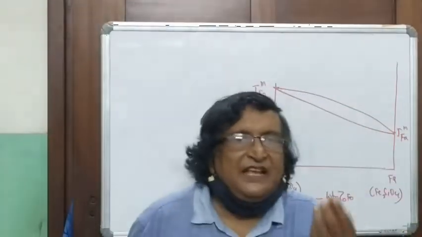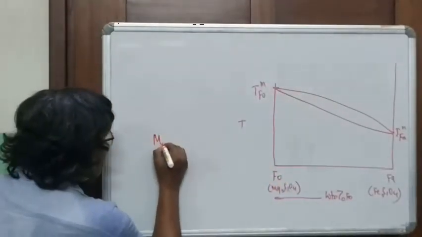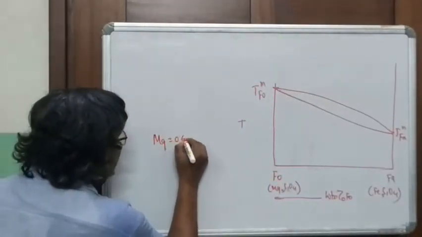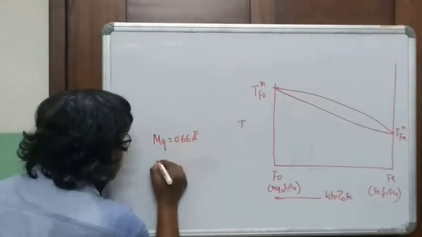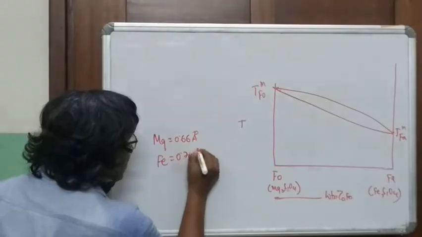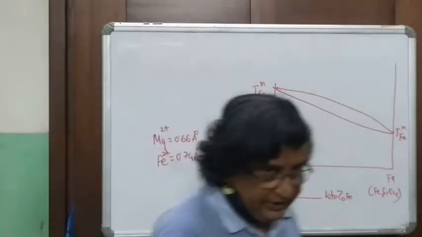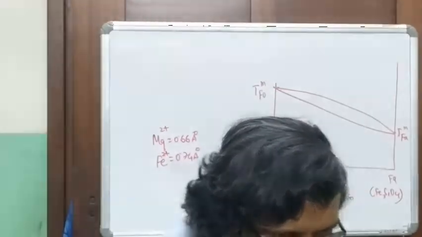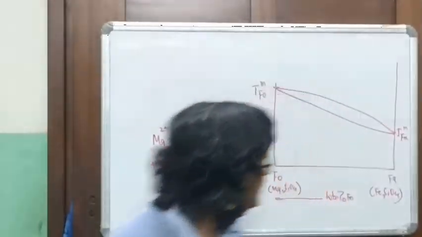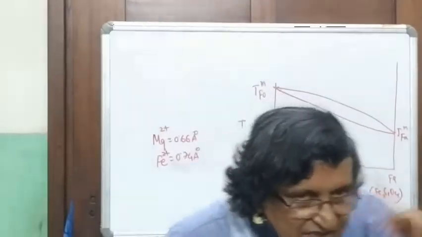You have to replace magnesium, which has an ionic radius of 0.66 angstroms, and iron has a radius of 0.74 angstrom. There is a smaller difference, but charge imbalances are not there. So magnesium and iron substitute without any change in silicon.